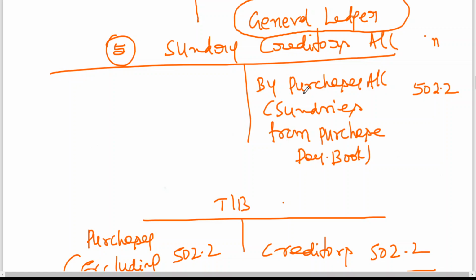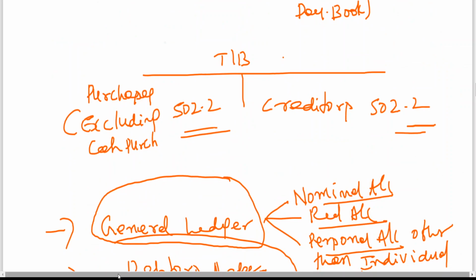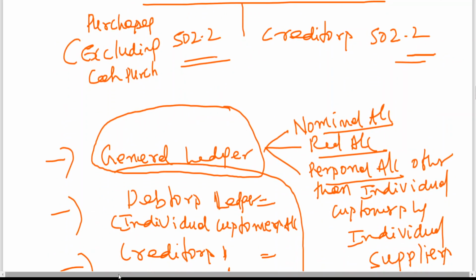Personal accounts excluding individual suppliers and individual customers. But we have a total creditors account, which you can call sundry creditors or trade payable. The same is the case for debtors also. This is just for your information. I think this is clear to all of you.